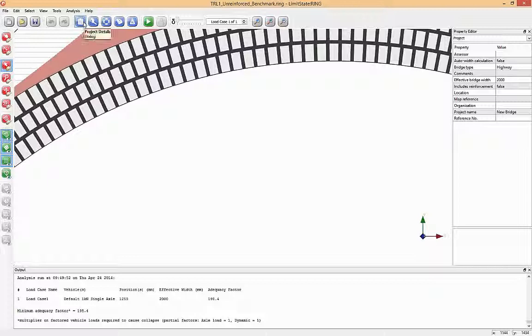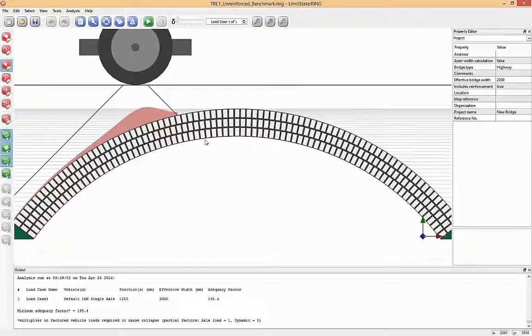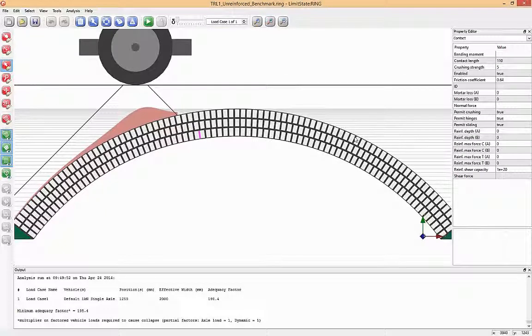If I want to perform a reinforcement analysis, then I just simply need to go to the main dialog for the bridge and simply check this box saying bridge includes reinforcement. And then when I go to the same contact, I can see I've also got information about reinforcement that I can enter.